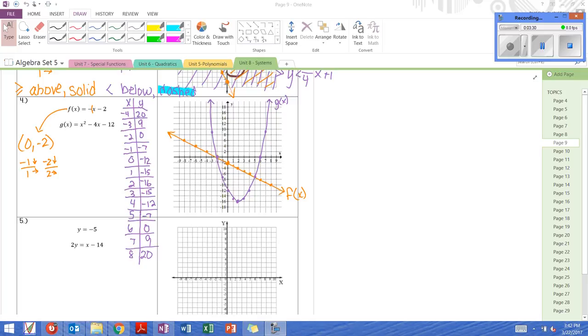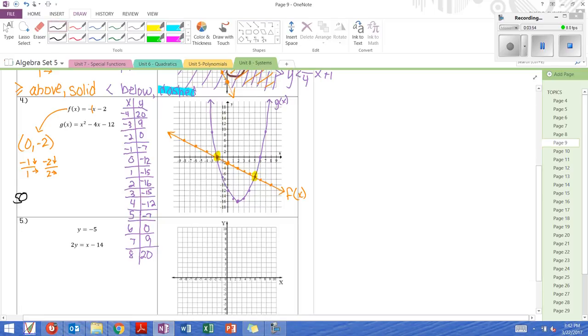So here we have a picture of our two functions, both labeled, and what we still need to do, of course, is state the solution. So we need to either find a point of intersection or points of intersection, and that's actually happening in two spaces, here and there. So off to the side, let's write solution.